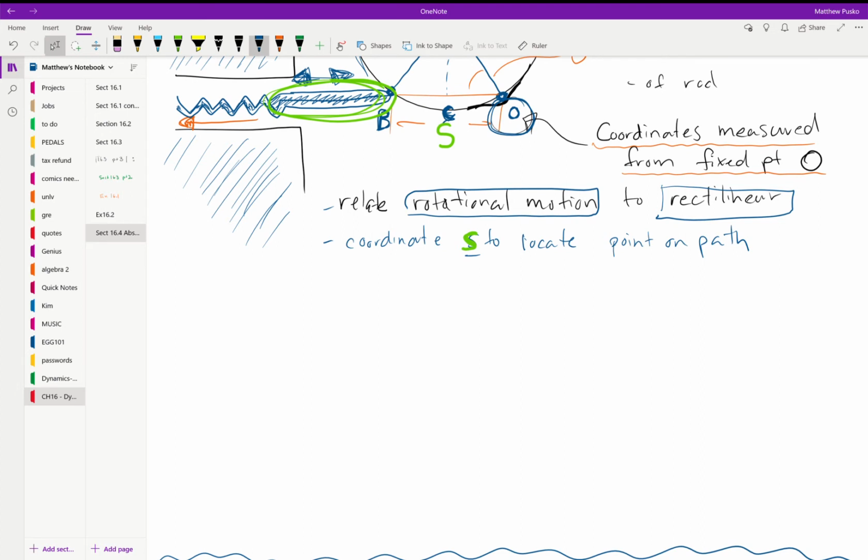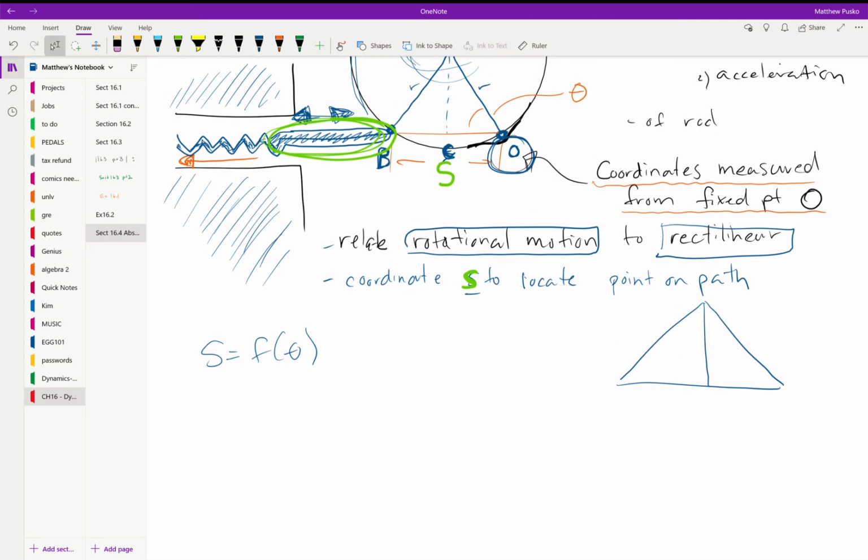Well, let's make S as a function of theta. First, we can say, if we look at this triangle up here, if this is R and this is R, we're going to call this B, C, and D. This is the length R cosine theta if this is the angle theta, and that is the case here.